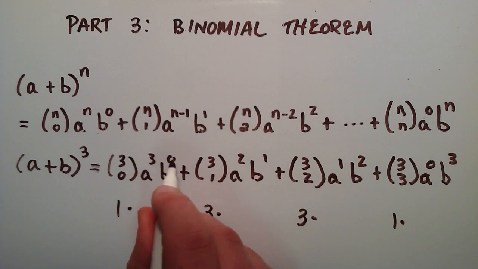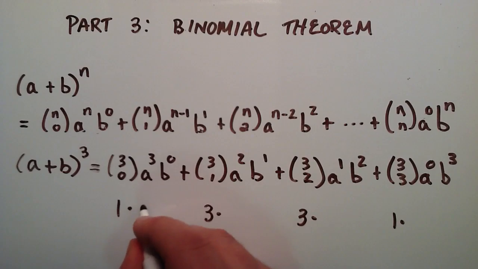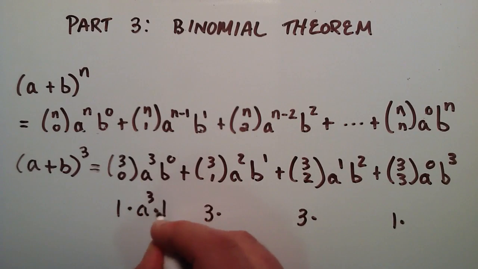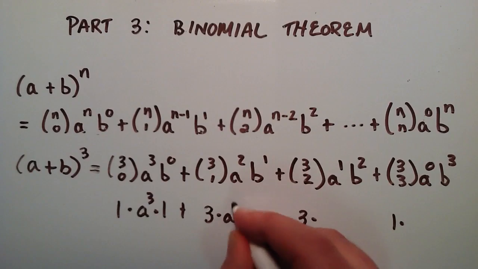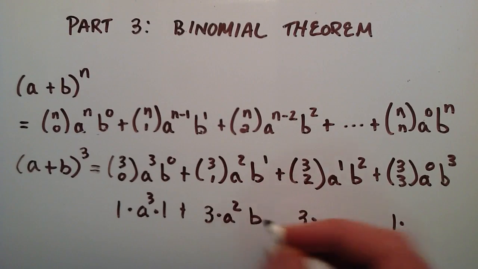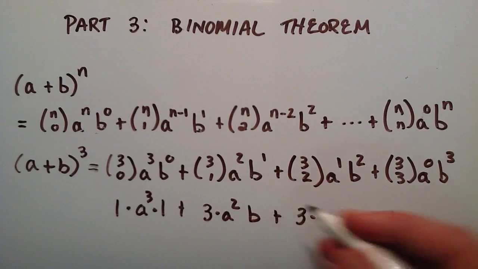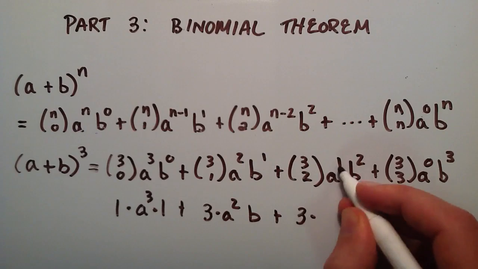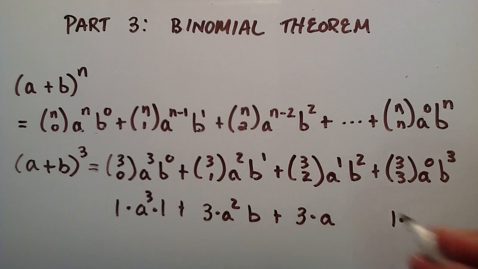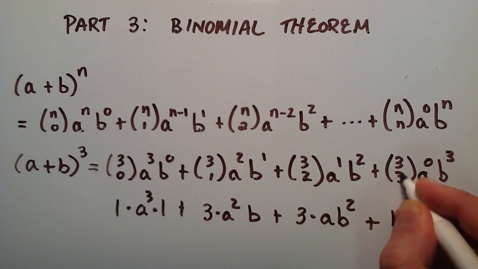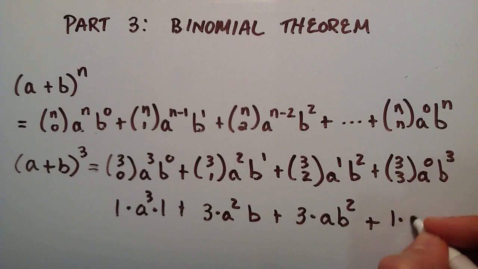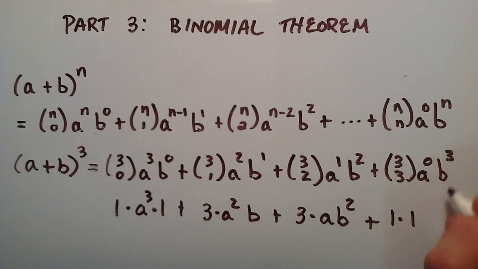Then b to the 0 is simply equal to 1, so this is just a to the 3rd times 1, plus 3 times a squared, b to the 1 is simply b, plus 3 times a to the 1st, which is simply a, times b squared, plus 1 times a to the 0, which is simply 1, times b to the 3rd.